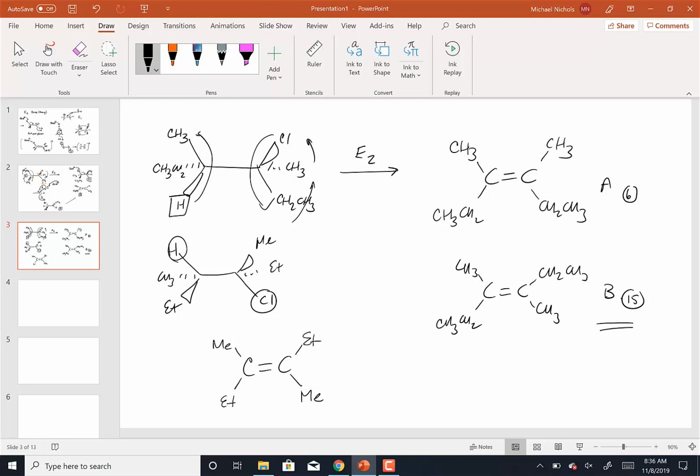So that's how we can manipulate this. Again, initially it might be best to just put the hydrogen and chlorine on the regular bonds, the bonds that are in the plane, and then the bold and dashed all become cis. Okay. All right, is that okay?